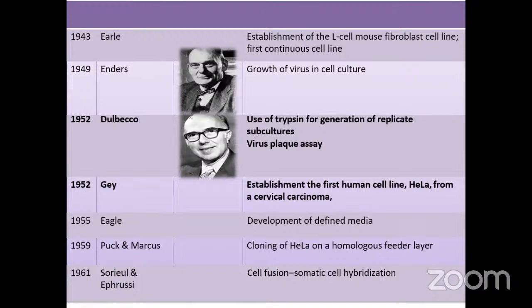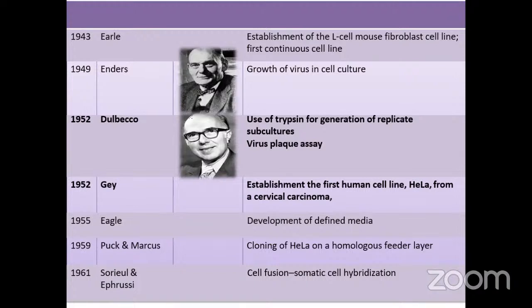Then in 1952, Gey established the first human cell line, HeLa, from a cervical carcinoma. HeLa is from a woman who was diagnosed with cervical carcinoma. Her name was Henrietta Lacks.